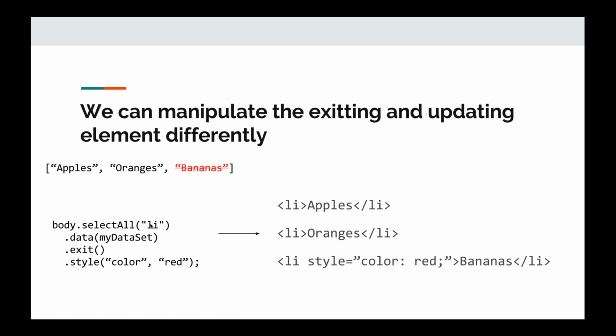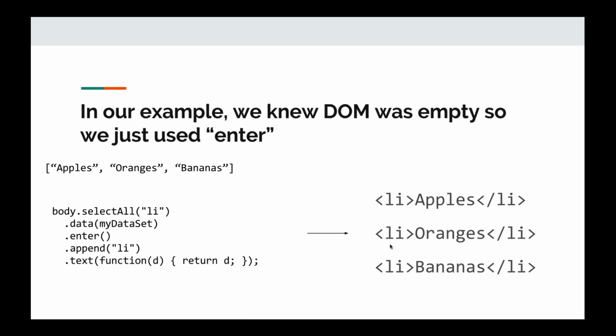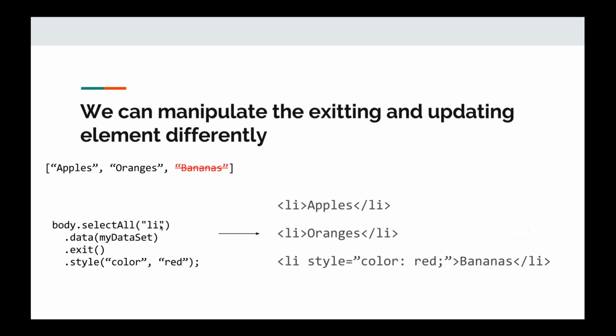So I say body.select all list item. It selects all 3 of these first, and it keeps track of what data it had for those 3. Then it says, okay, join it with this data, apples and oranges. When it does that join, it recognizes that, hey, we had bananas as a list item, but it's not in my dataset anymore. So it becomes part of the exit selection. So I say .exit, that gives me all the elements that need to be removed.